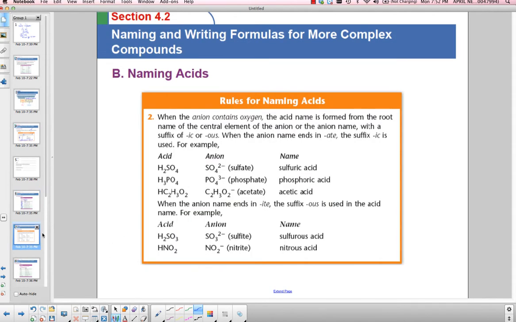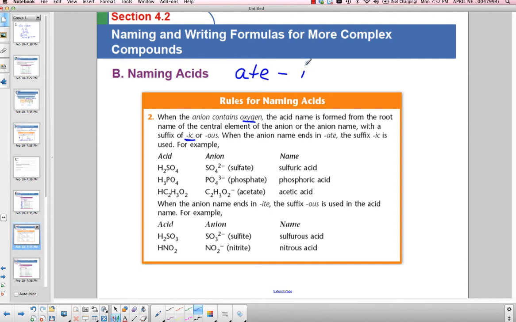However, sometimes you do have oxygen in there. We call these oxyacids. So if the anion contains any type of oxygen, then we name it a little bit different. Usually we see things like sulfate or we see sulfite. If you see ate at the end, you change the ending and you put an ic on it instead if you're naming an acid.